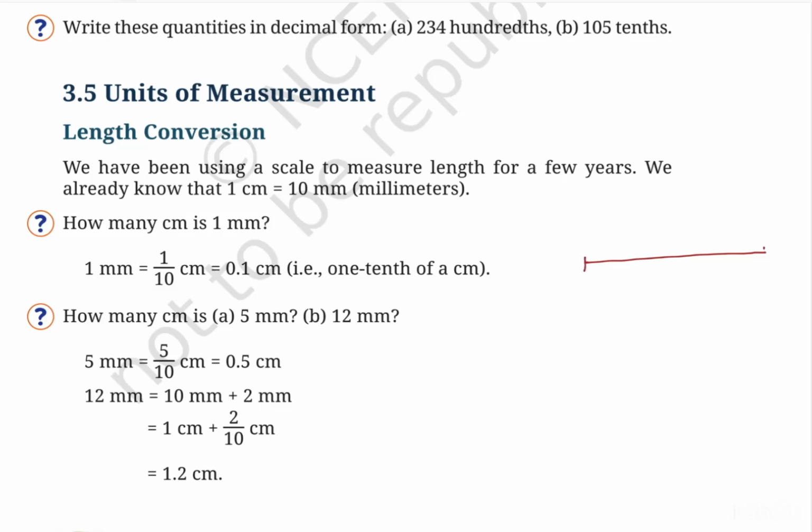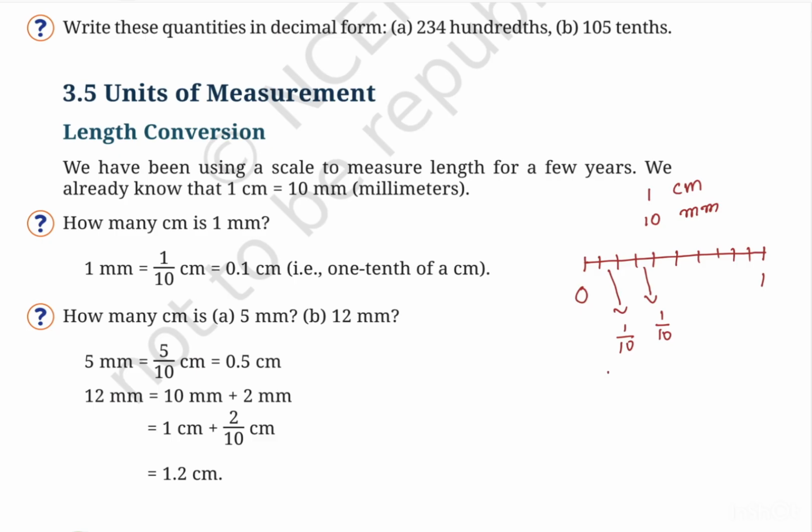What is centimeter and millimeters? Let's take 0 to 1 centimeter. It is 1 centimeter of length, and we have divided it into 10 equal parts so that each part is 1 by 10. So in 1 centimeter there are 10 millimeters.